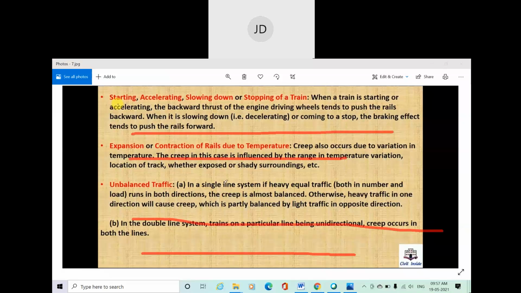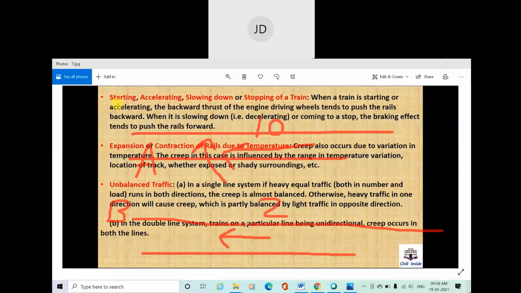Now suppose in a day, 10 trains move in this direction along rail A, and suppose only two trains move along rail B. What you can conclude from this is that the chances of creep will be maximum in this rail only, because the movement of trains is more compared to this rail.